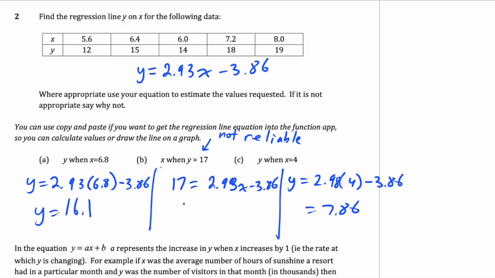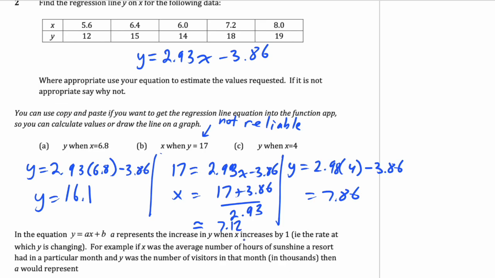We can solve for x just by doing 17 plus 3.86 and then dividing by 2.93, and that gives you a value of 7.12 to 3 significant figures.